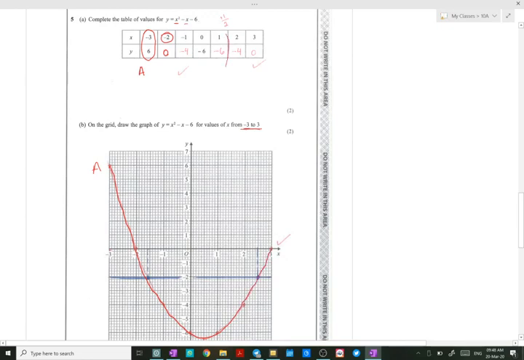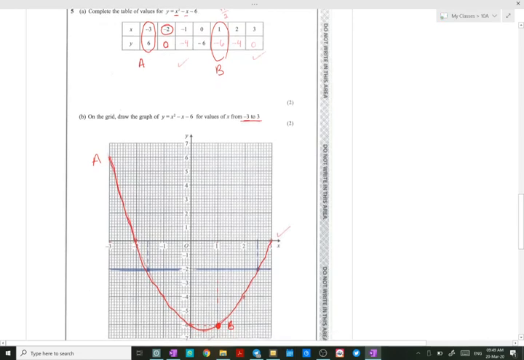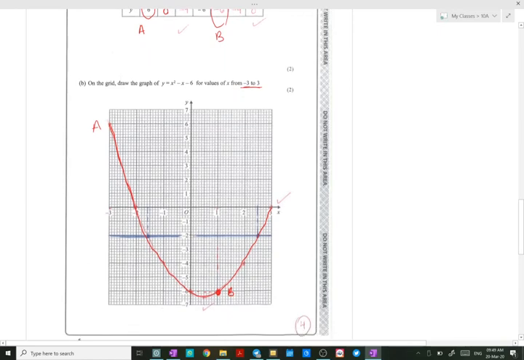So let us choose this point. If we call it B, whose x is 1 and the y is minus 6. So I have 1 for x and minus 6 for y. This is point B. And then you connect the points together and you will have this shape for the quadratic equation.